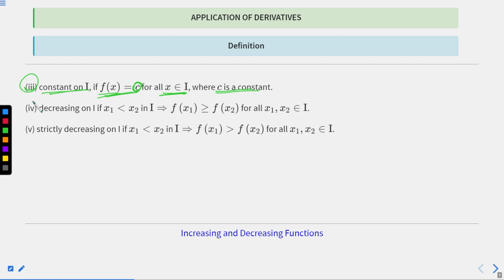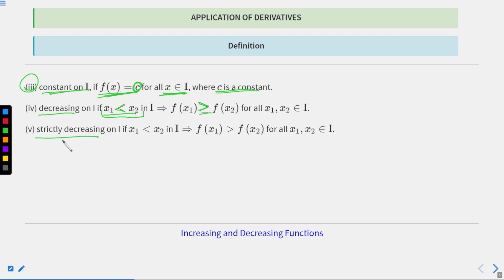The fourth point says decreasing on I means x1 less than x2 in I implies f(x1) is greater than f(x2). As you can see here, after applying f the inequality is reversed, then you can say that your function is decreasing.